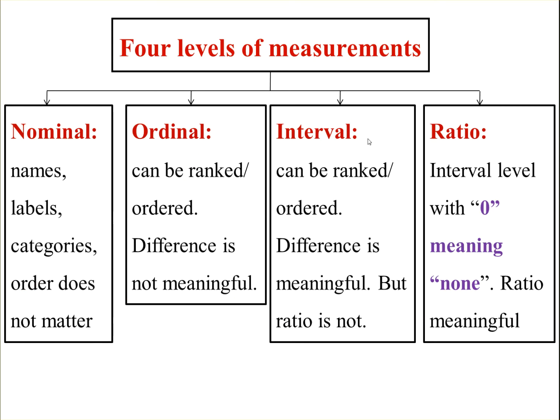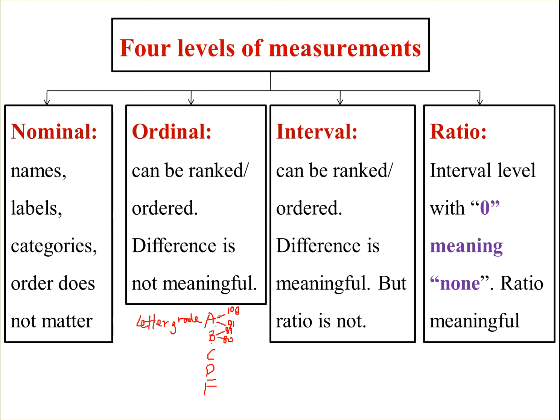By the way, one example is your letter grade. You have A and B and C and D, F. A may be 100% and B may be 80%. Some people get 91 and B can be 89.